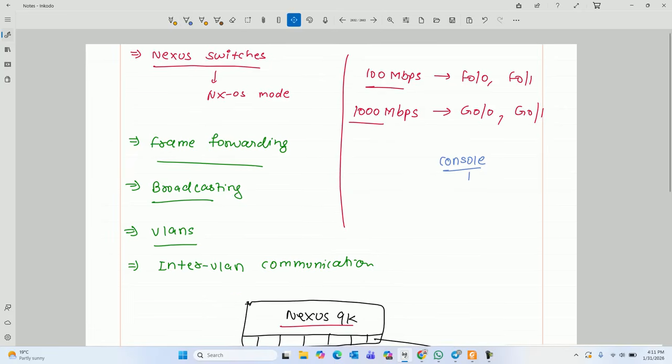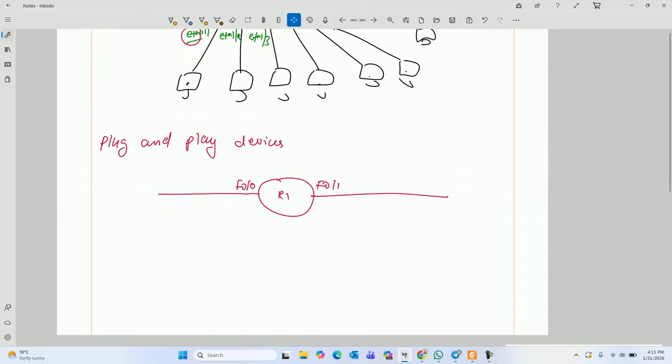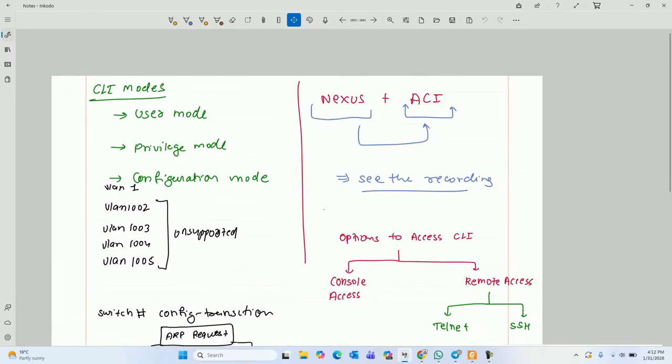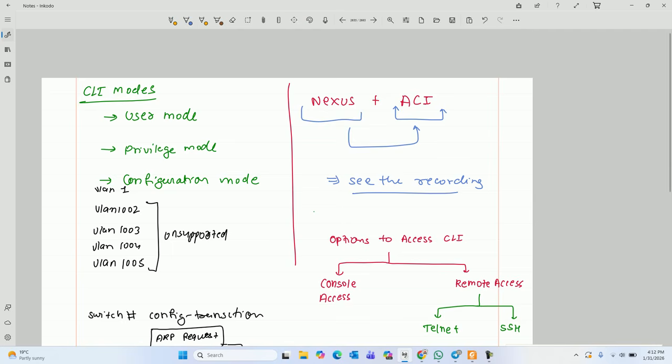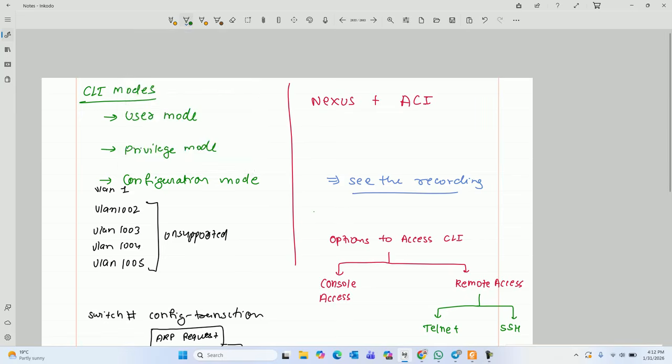Thank you. So in the last class, this is what we have. You remember on day one we were talking about this: the Nexus switches have two types of operating system.